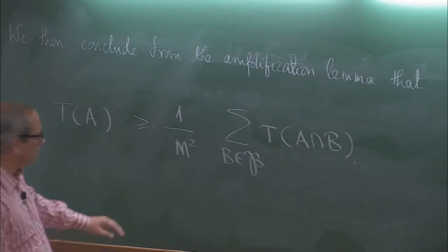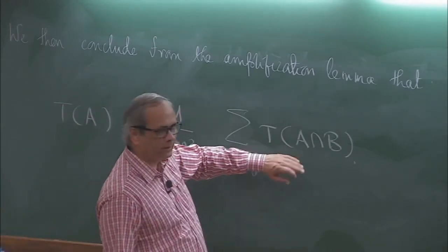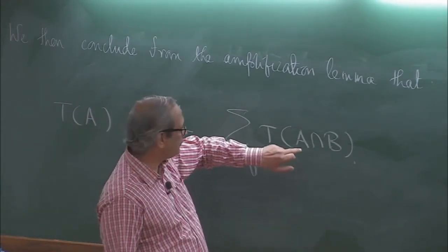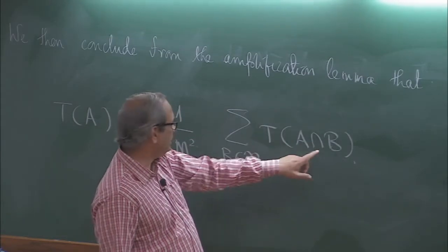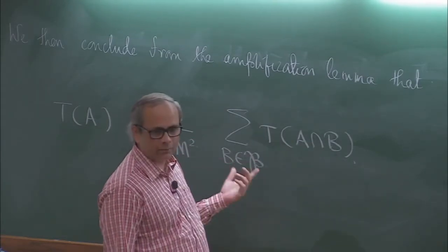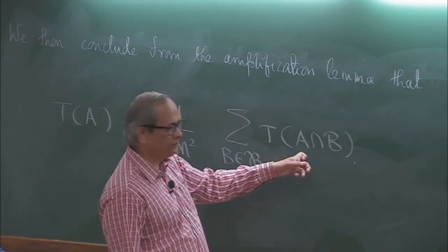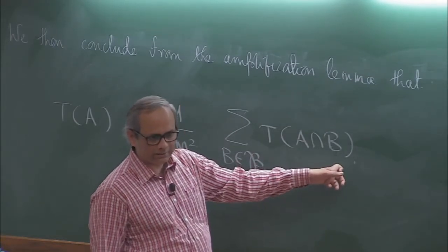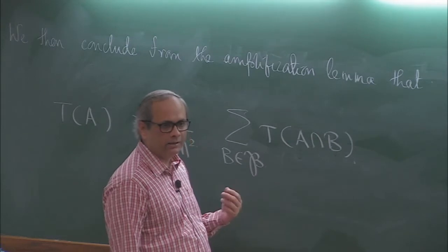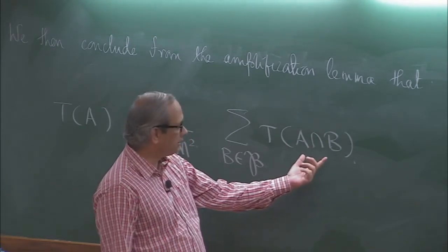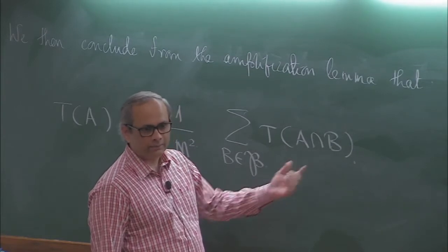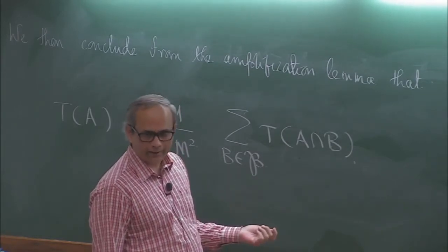So now we go to the next step, where we observe that each B is an arithmetic progression of m terms. If the cardinality of A intersection B is strictly greater than R of m, then this T of A intersection B has to be greater than or equal to 1.